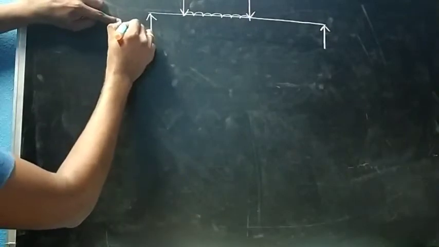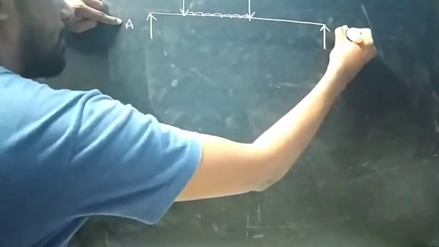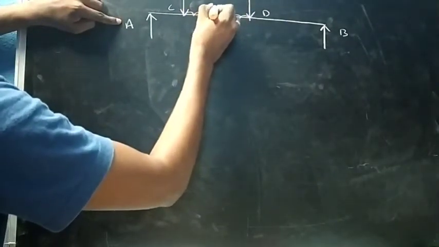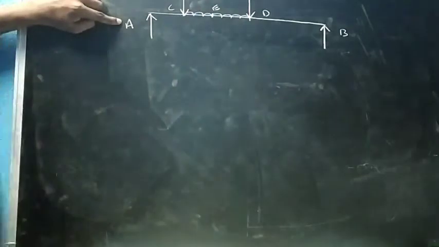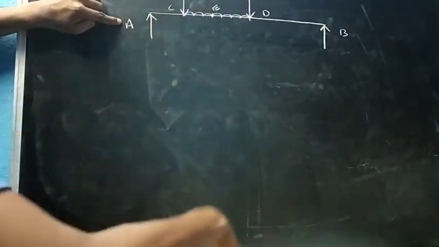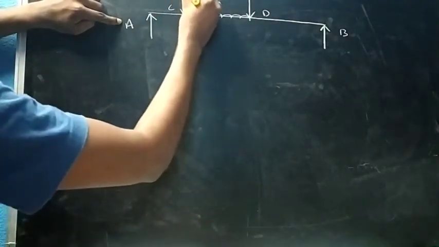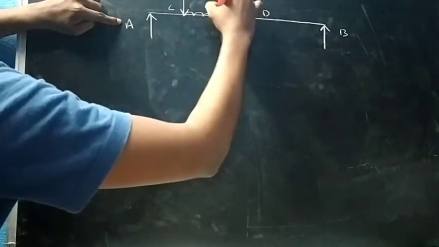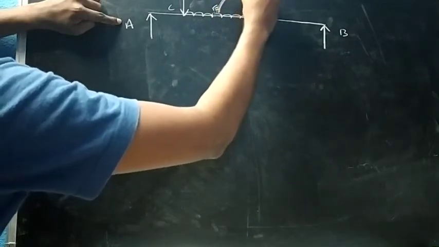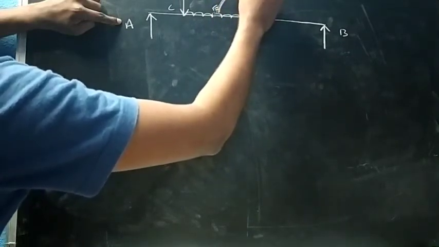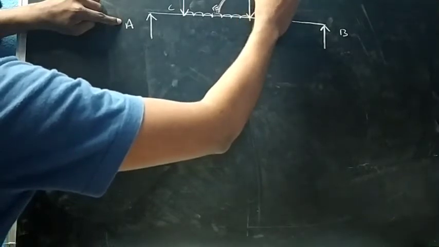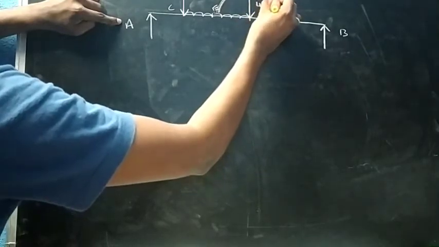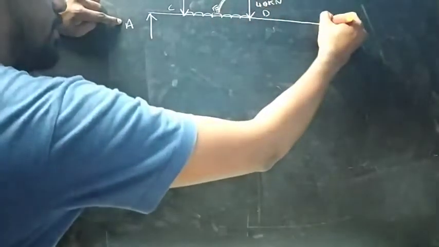So here let's say A, B, C, D, and somewhere here it is E. Clear? So we'll write the values, that is 50 kilonewton, and here it is 10 kilonewton upon unit length, and here 40 kilonewton here.